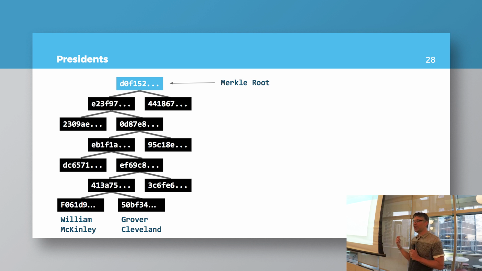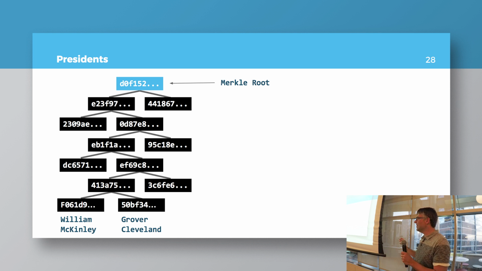We take the SHA of those two presidents, and it gives you a long 32-byte number. Here I have it abbreviated. So those are the SHAs of those two names. Then we concatenate those two SHAs together, and we do another SHA. And you see the number that begins with 413A. So that's basically a SHA of SHAs, where we're compressing the names, and then we're taking those together and compressing them again.